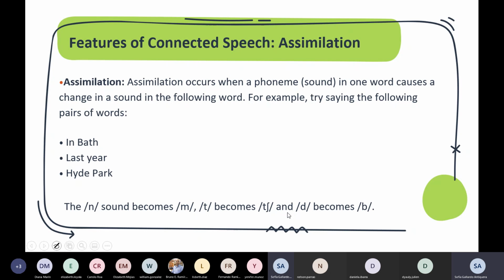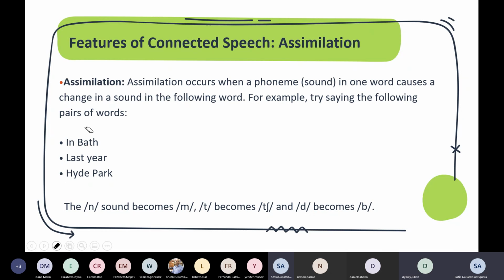Assimilation occurs when a phoneme or a sound in a word causes a change in a sound in the following word. For example, try saying the following pair of words. Jolly, would you mind reading the first one? In bath.